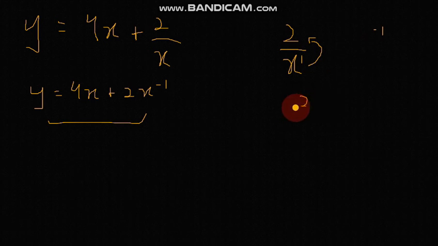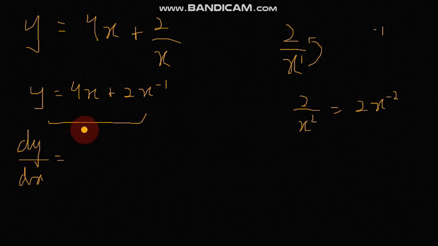In the same way, if we had 2 over x squared, this would have become 2x with minus 2. Alright, so this is how our equation now looks.